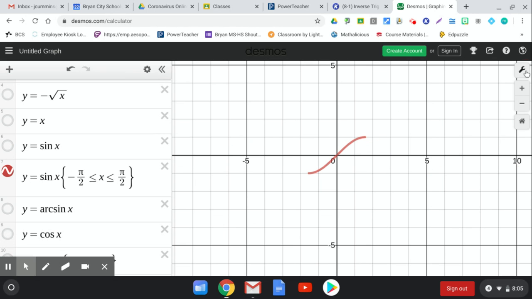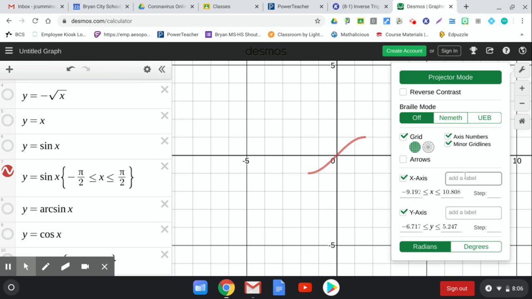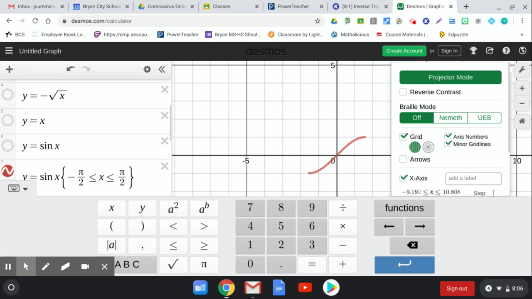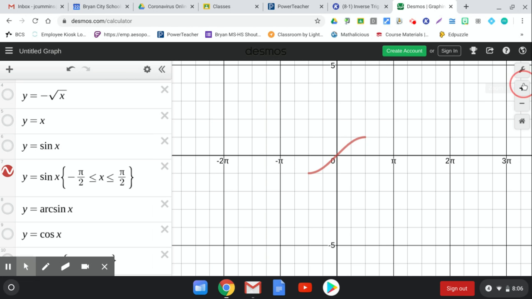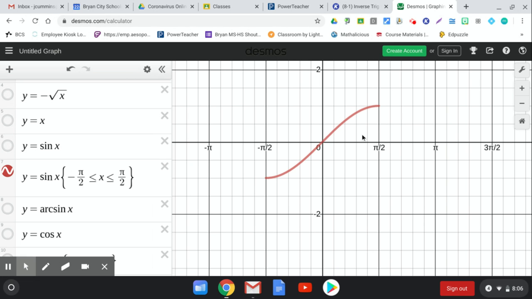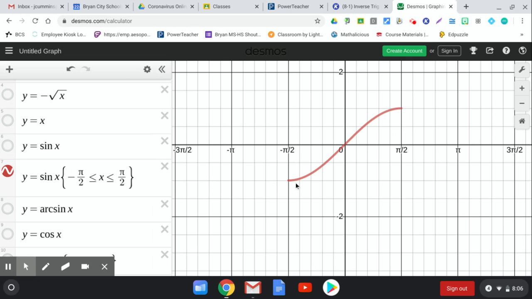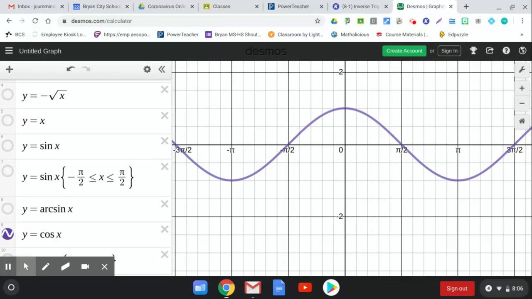Let me change the increments here so you can see them. Go by pi. There we go. So for sine, we are just looking from negative pi over 2 to pi over 2. All right, so let's think about cosine. Here's my cosine graph.